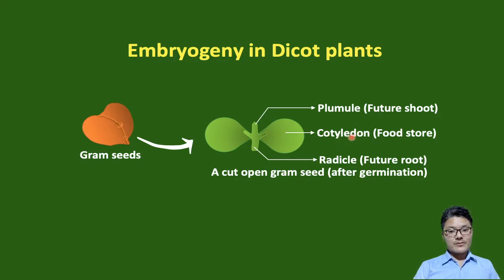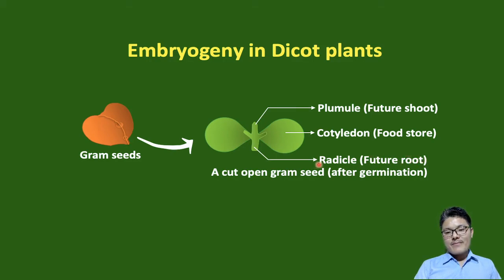These are food reservoir which nourishes the developing embryo. Developing embryo in the seeds are characterized by presence of plumule, which will be developing into aerial parts, or these plumules will be forming future shoot system, and your radicle of the embryo will be developing into future root system.